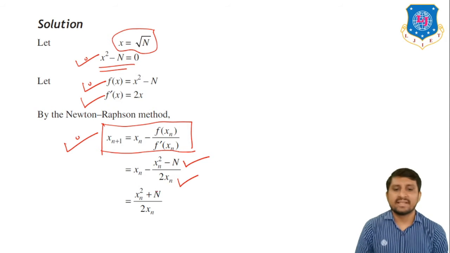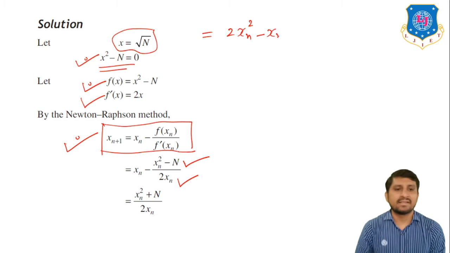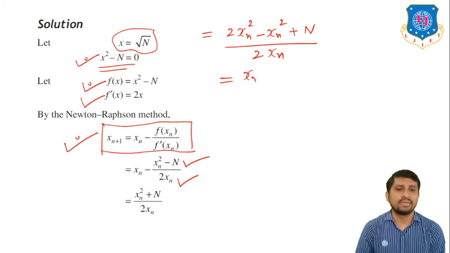Now taking the LCM of 2xn, we get 2xn square minus xn square, and minus minus plus n, upon 2xn. So you will get xn square plus n upon 2xn.